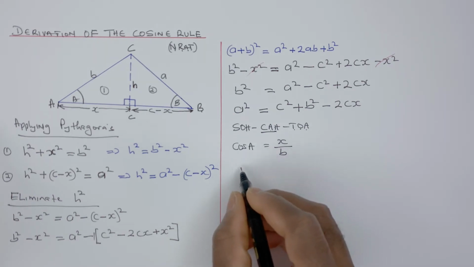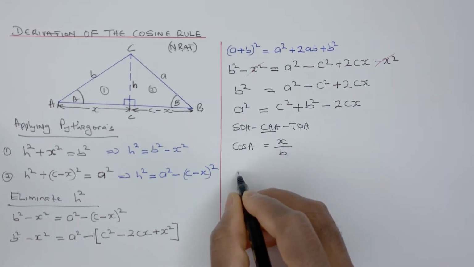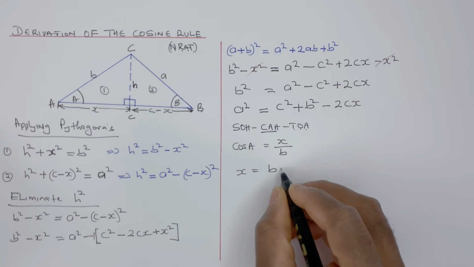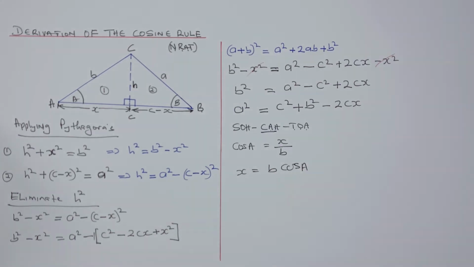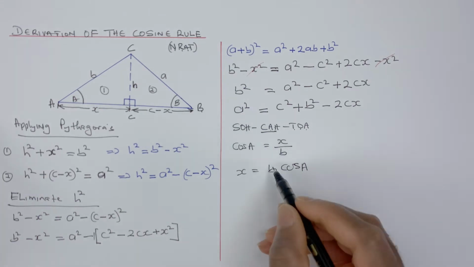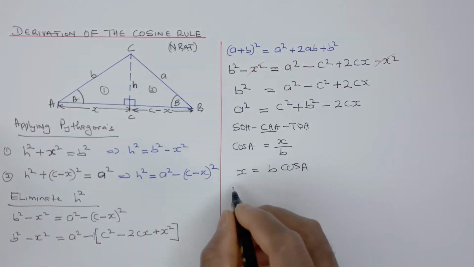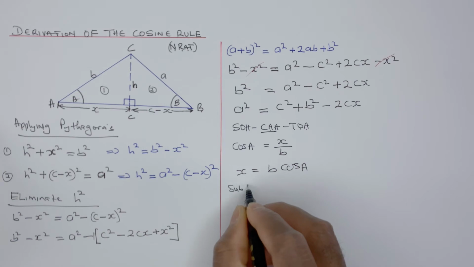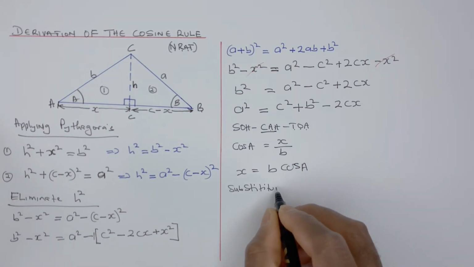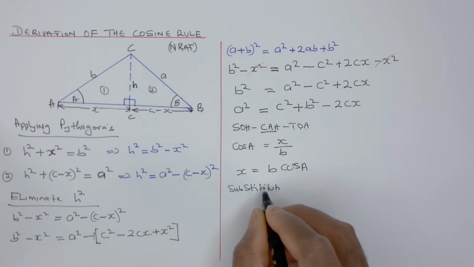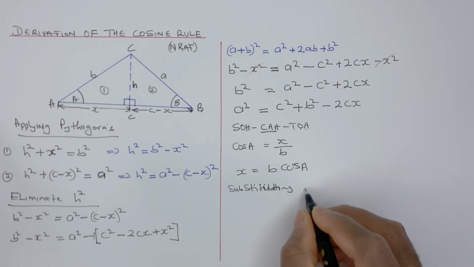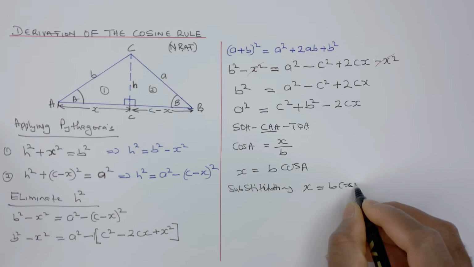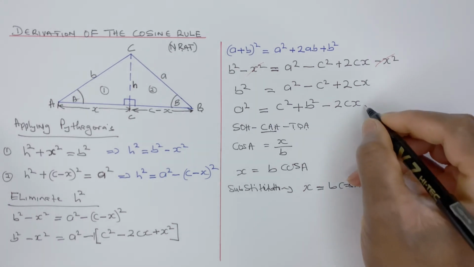And therefore, I would then have x equal to B, because I'm multiplying both sides by B, cos of A. So wherever I see the x, I can replace it with B cosine of A. So now substitute x equals B cos A into the equation here.